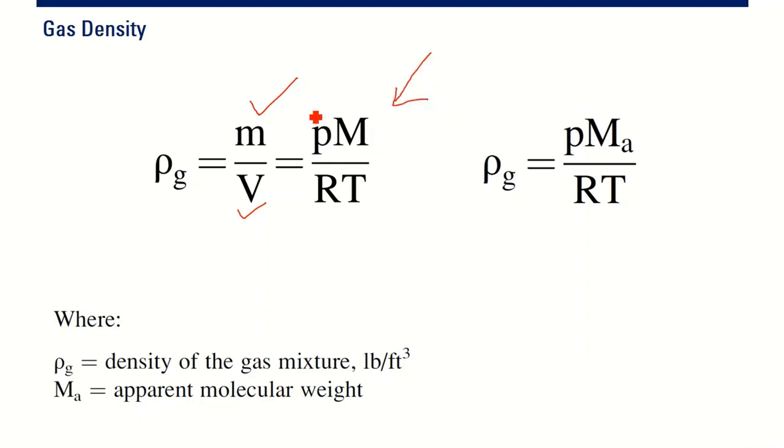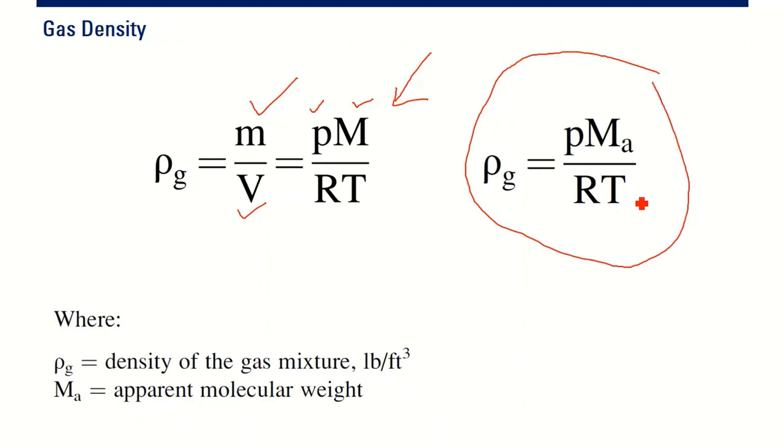The mass of gas, massa gas adalah pressure multiplied by M, apparent molecular weight, divided by RT. So if you know the pressure, the temperature, and the apparent molecular weight, you can calculate the gas density.